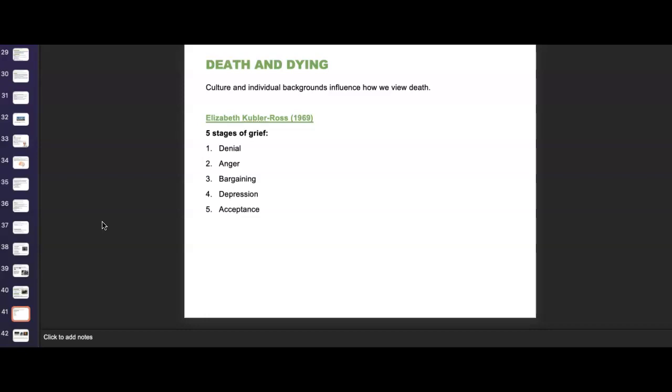The question is going to ask you to define what each of these stages mean, and then give an example of how someone is behaving in each of these stages. So what's happening in the denial stage? What's happening in the anger stage? Provide an example of each of those stages for question 4.